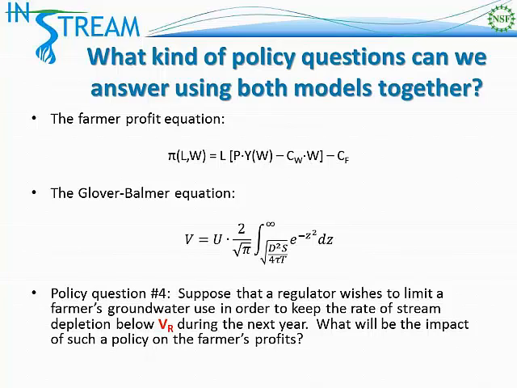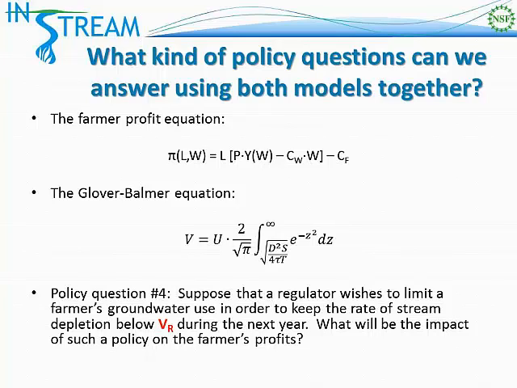Okay, so here we are in a situation where the regulator wants to limit the farmer's groundwater use, and the goal for the regulator is ultimately to achieve a stream depletion rate of at most V sub R. So how would you answer this question using our economic and hydrologic model?